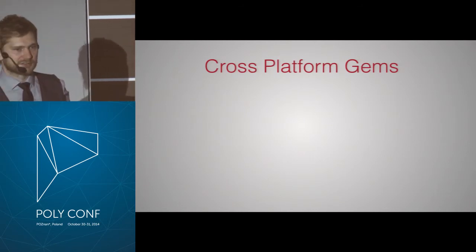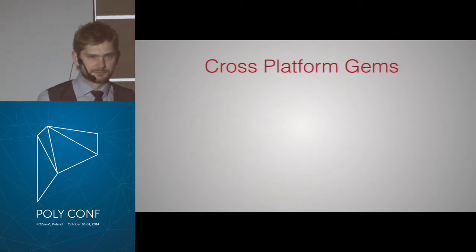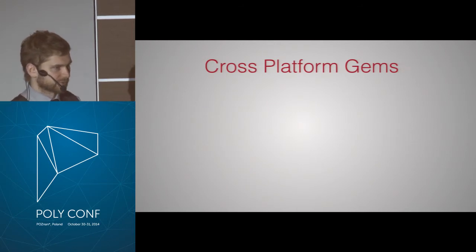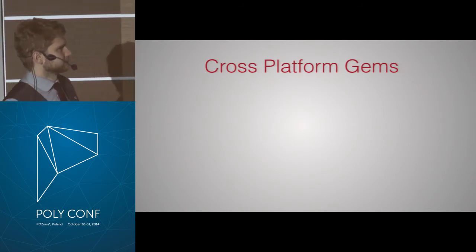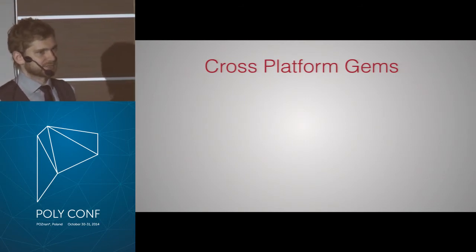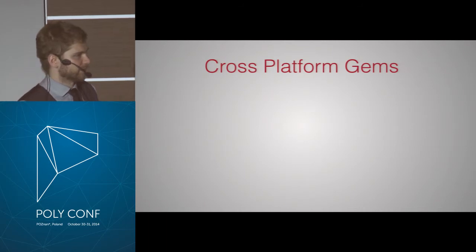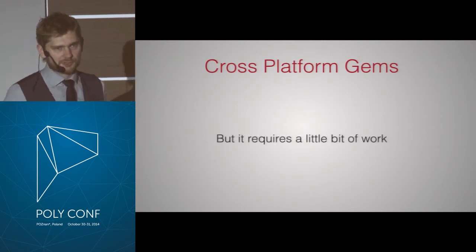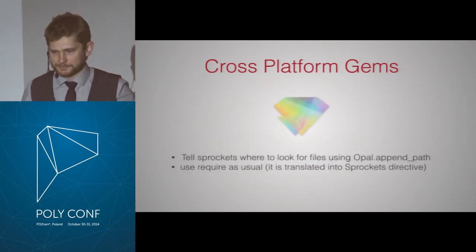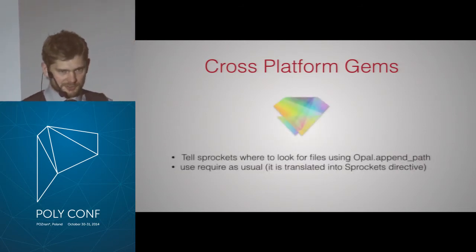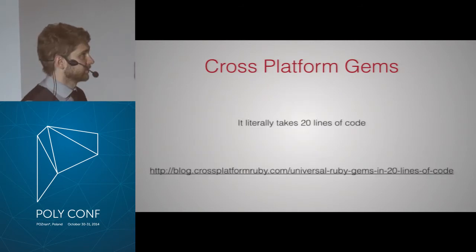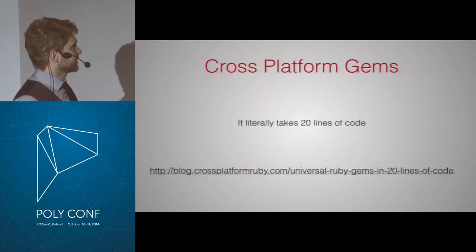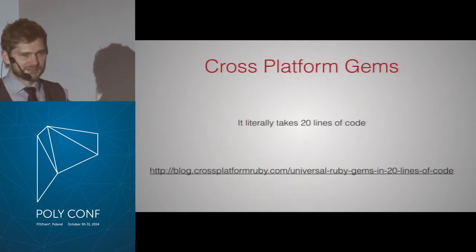If we extract our logic into a gem and then reuse it on those platforms, then we can version it, and we have a common place to store our code, and it's actually pretty convenient. It requires a little bit of work because on each platform gems work a bit differently, but in practice, it is only 20 lines of code.